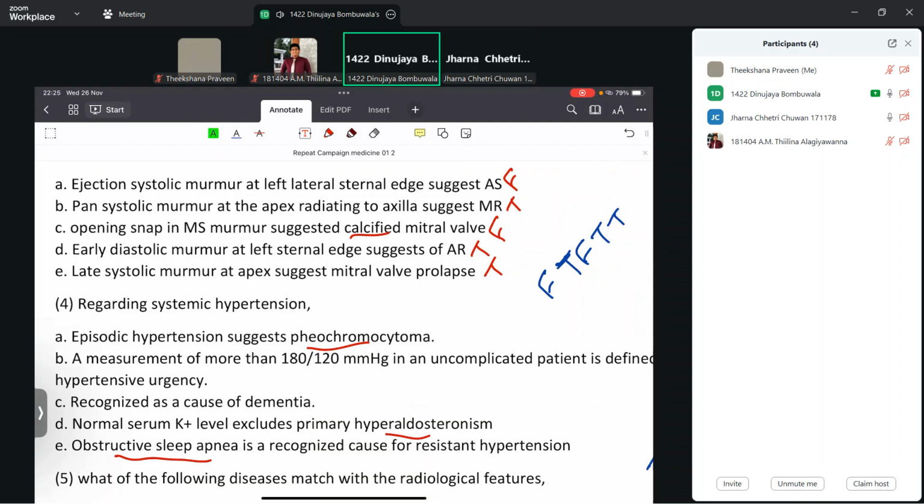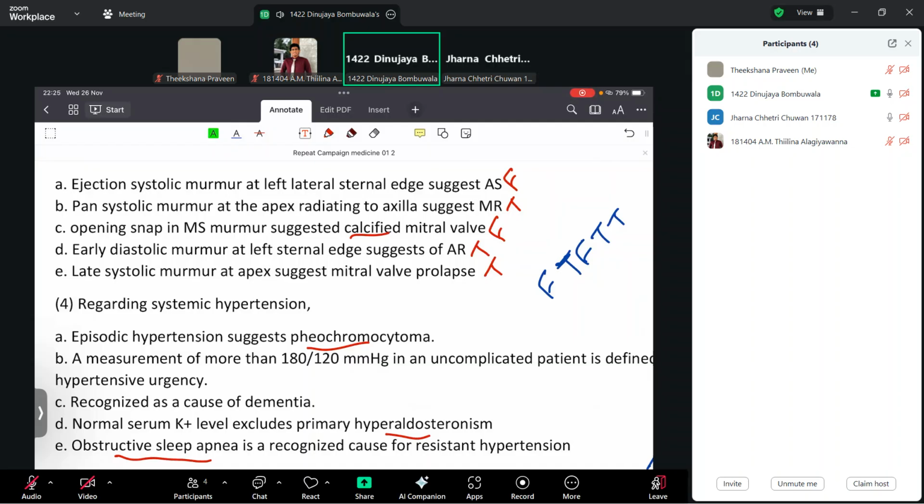In hyperthyroidism, our thyroxine levels, T4 levels, will be elevated day and night. There is not much variation from time to time. But in pheochromocytoma, the catecholamines are released episodically. Time to time they release catecholamines into the bloodstream.